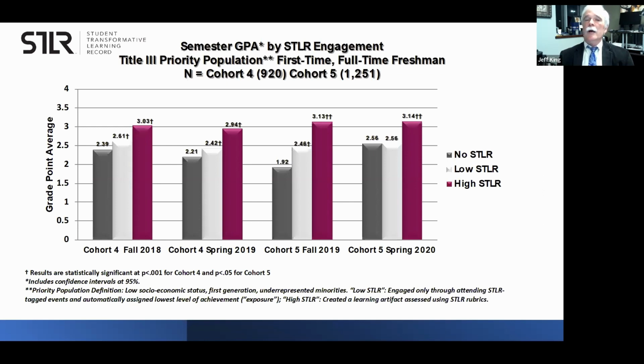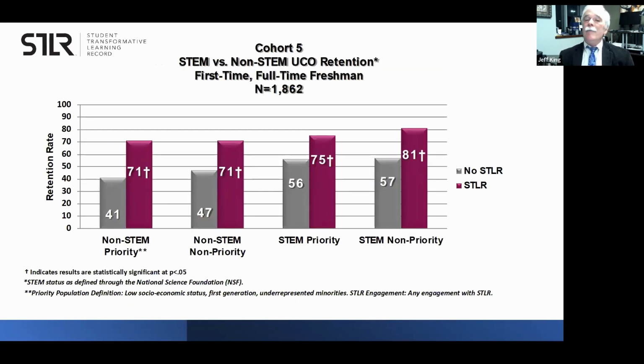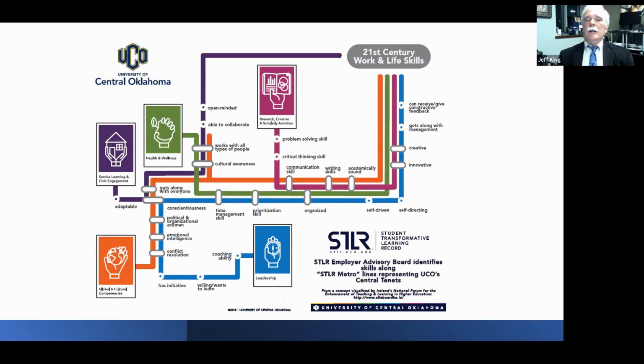Stellar works, transformative learning works, whether you're talking high achieving students or students that are not high achieving, and it boosts those students' achievement. And then I had mentioned the excellent retention lifts that STEM students get when they engage with transformative learning.